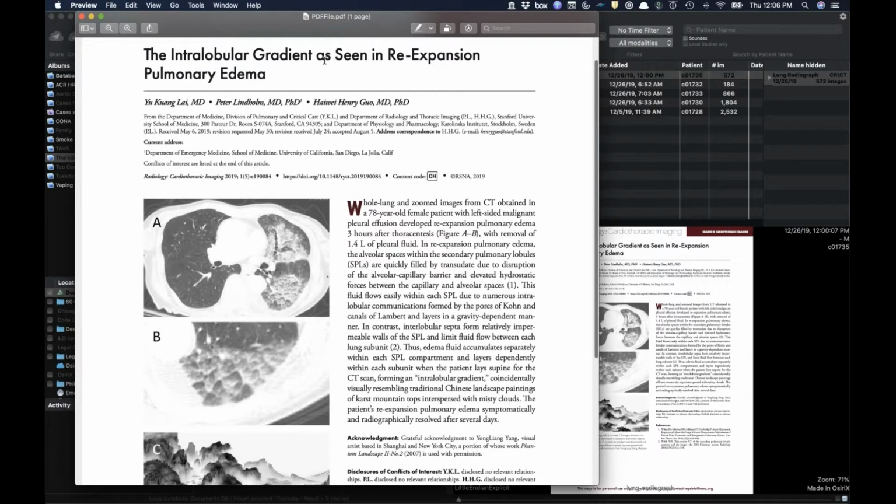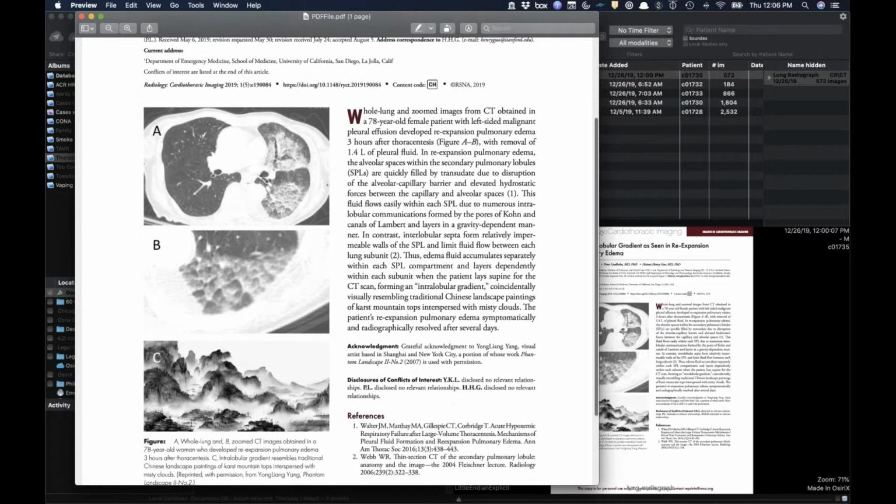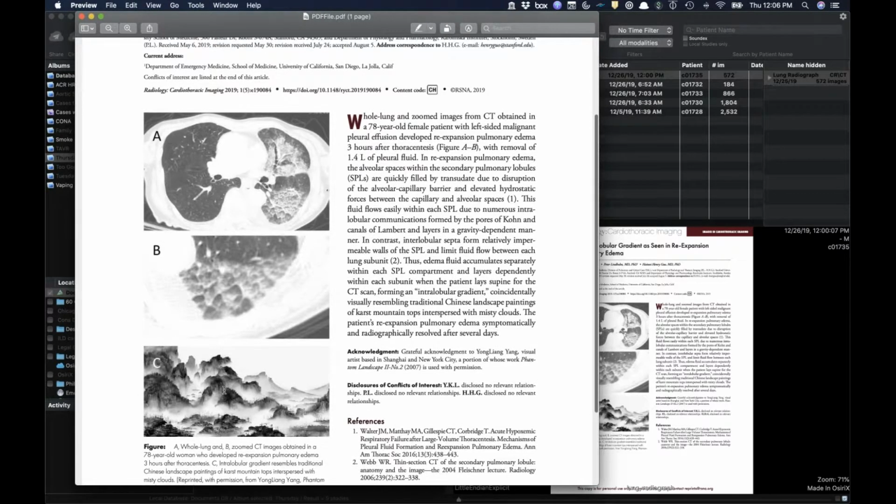So the intralobular gradient as seen in re-expansion edema, and I think we've seen this before, they've nicely described how even within secondary lobules, you can have dependent layering of fluid, like edema. They're trying to say how it kind of looks like a Chinese landscape painting.